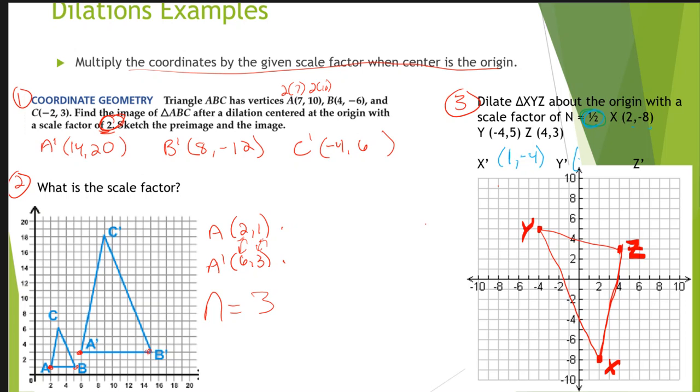For y, you get -2 and 2.5. For y, you get 2 and 1.5. All right, so now we're going to plot those new points and figure out what our new shape looks like. So it's going to be 1, -4. That's my x prime. -2, 2.5.